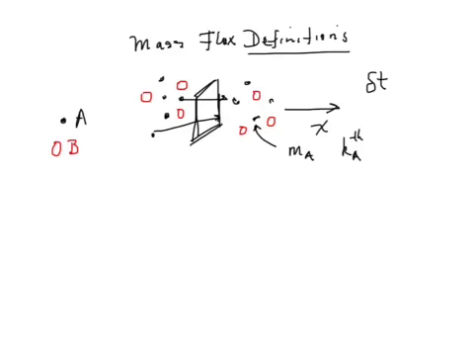And the definition of the mass flux in a stationary or lab frame, which we'll draw over here, NaX, will simply be the sum of those molecules as they cross the plane, their mass times their velocity, VKAX.